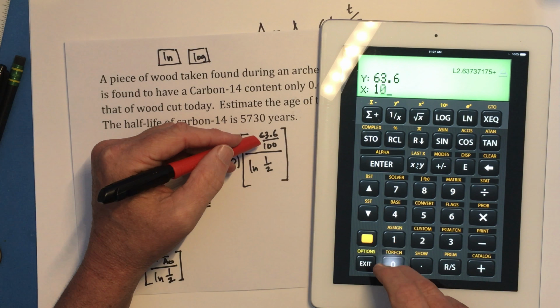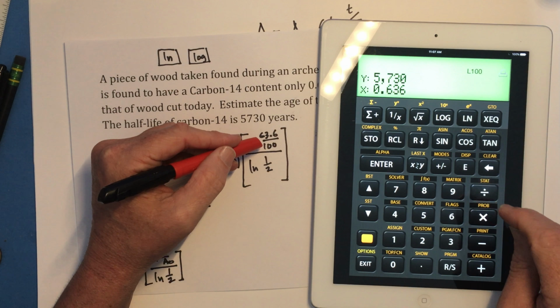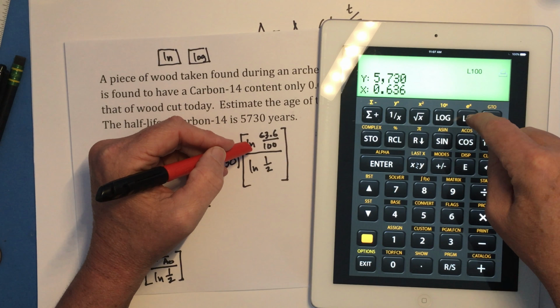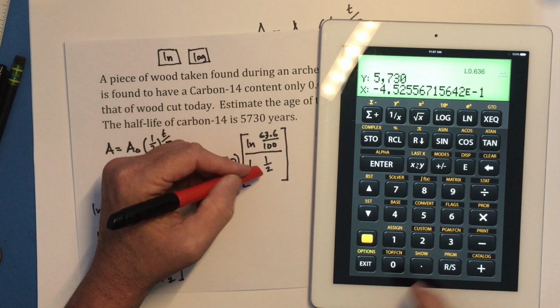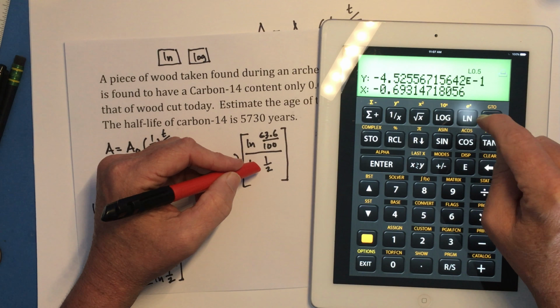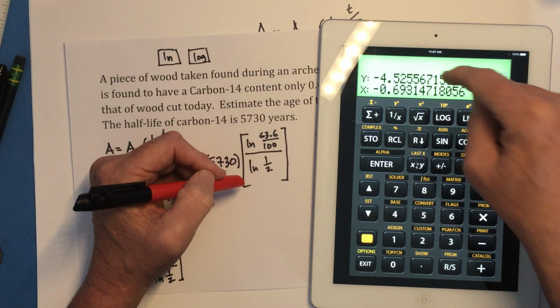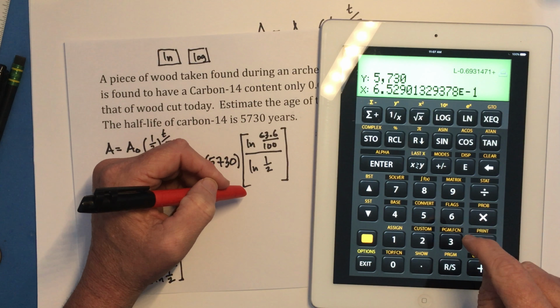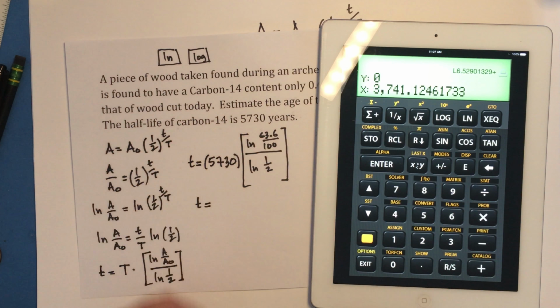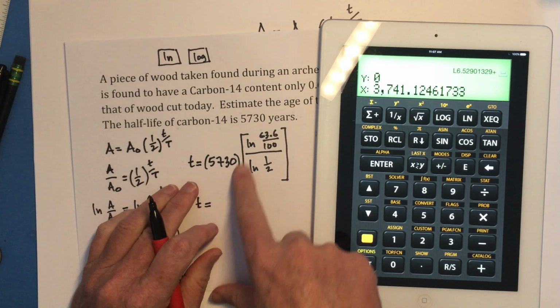I will take 100 and divide that. Okay? Now I will take the natural log of that. Boom. There it is right there. Now I will take 0.5 and I will take the natural log of that. Boom. Now I will divide those two. Divide. Boom. Now I will take that, multiply it by 5,730. Pow!